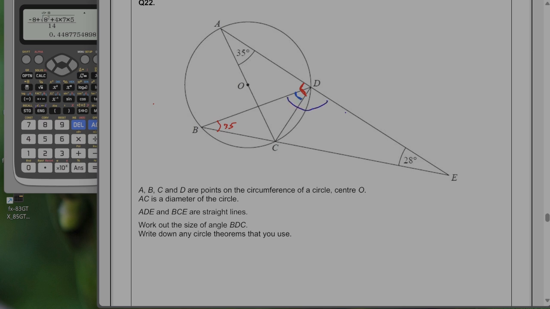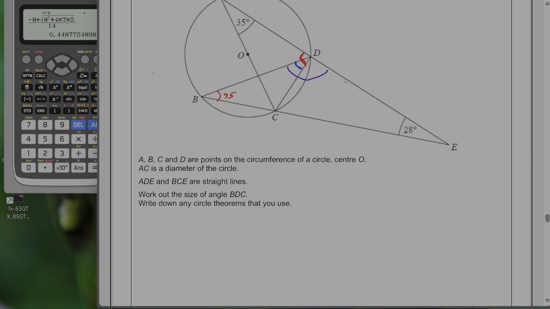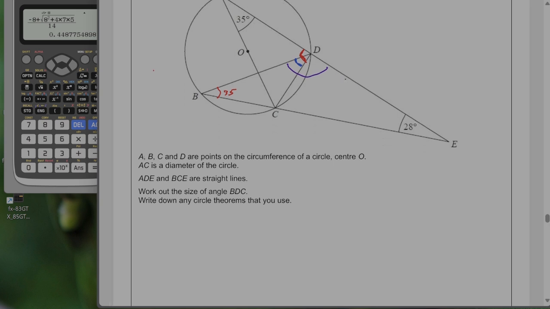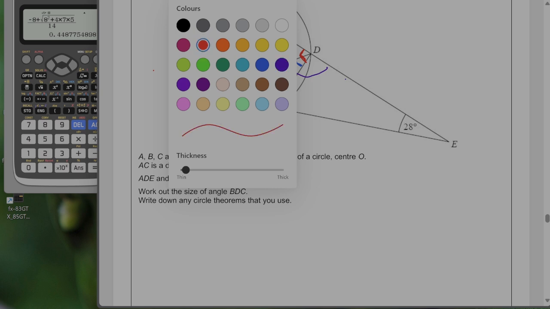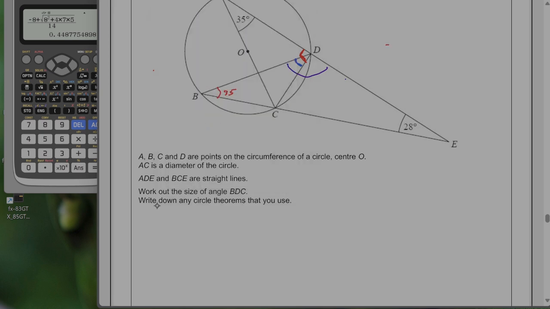Right. Okay. So I'm going to start by saying then, let's switch back to red. So angle DBC is equal to 35, and then I'll put the circle theorem I've used there.